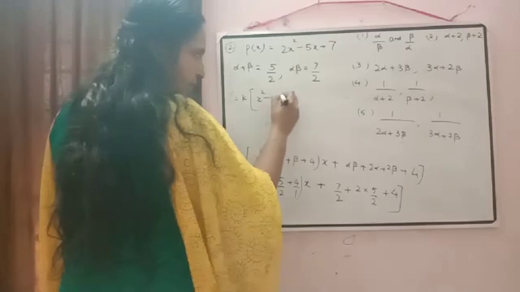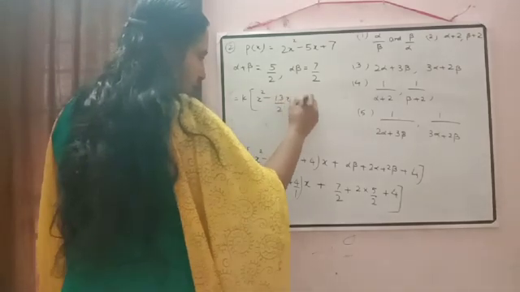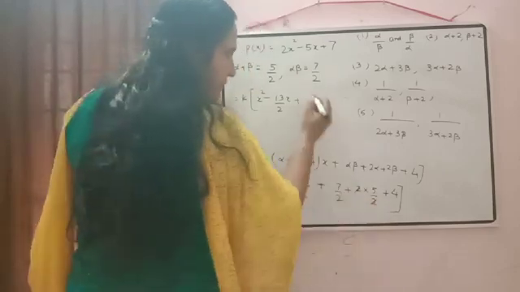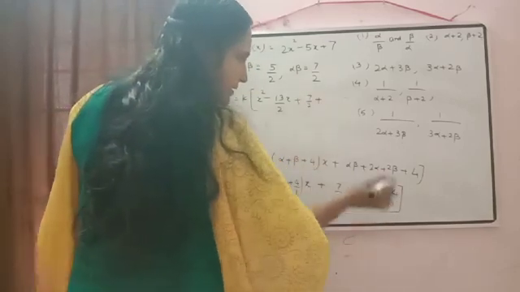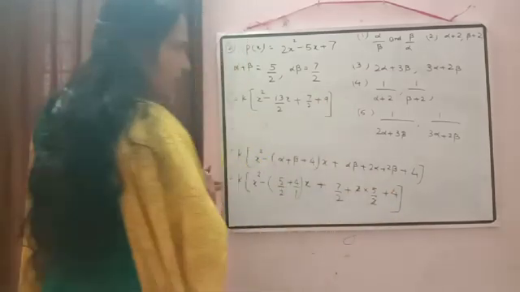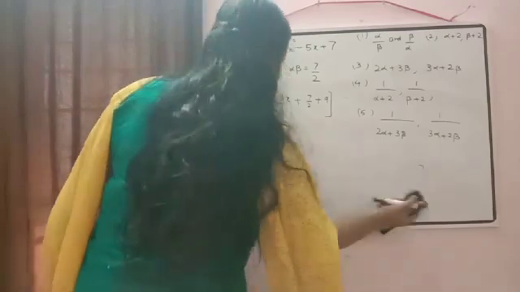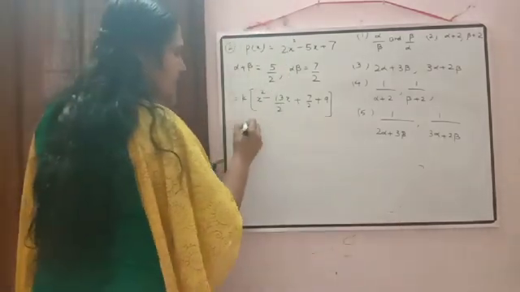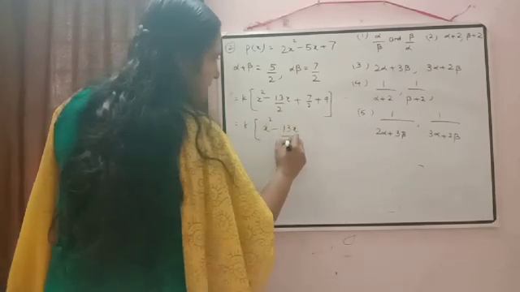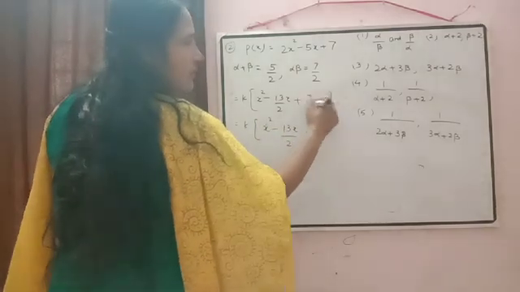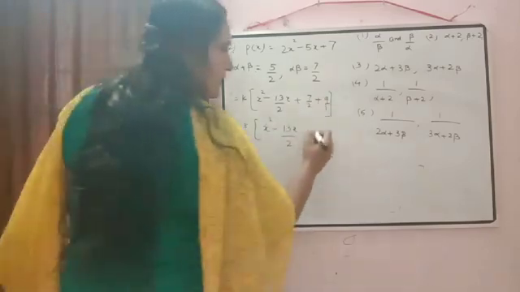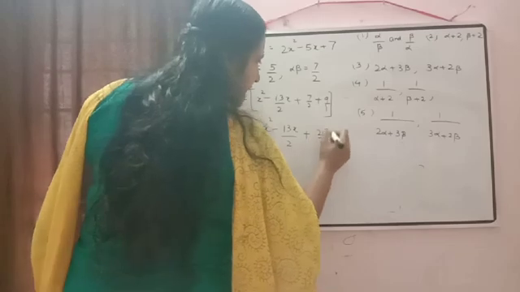So 8 plus 5, 13 by 2 into x plus, here 2 and 2 will get cancelled, 7 by 2 plus 5 plus 4, that will be equal to 9. So we are getting here 7 by 2 plus 9. Now just to do the cross multiplication there also, k into x square minus 13x by 2 plus cross multiplication here, then 9 2s are 18. 18 plus 7 will be equal to 25 by 2.